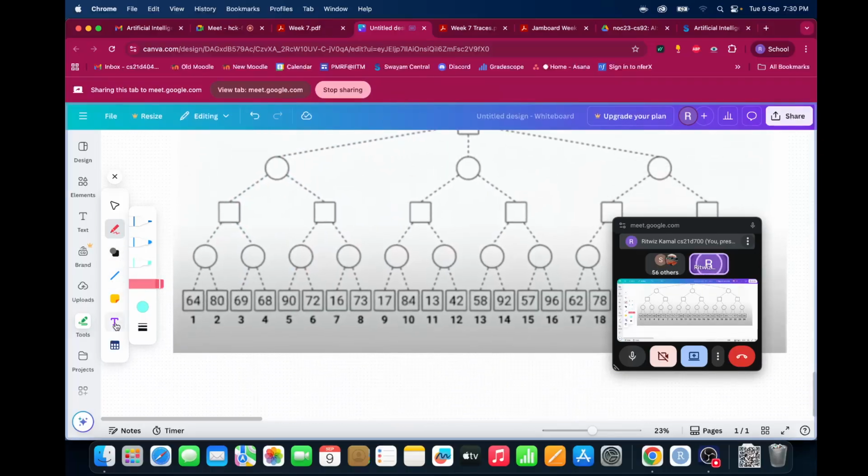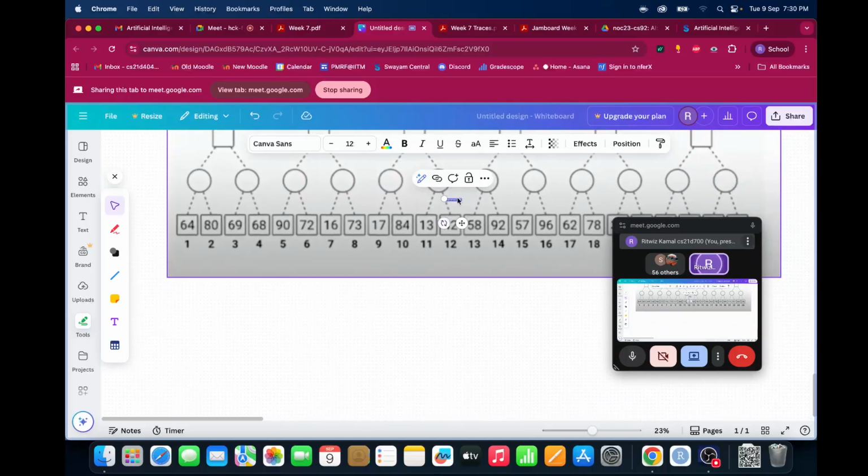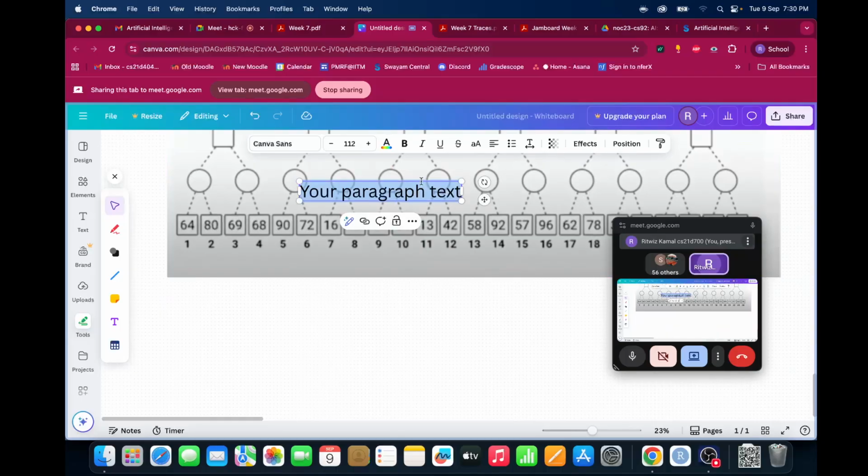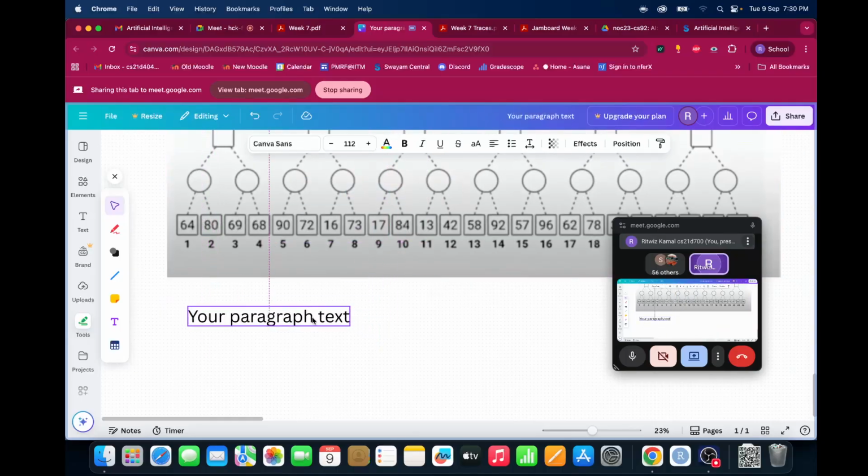In order to depict that priority queue, I will write a representation over here. We will start with the root node, which we called A1. We will say what type of node it is: it's a max node.